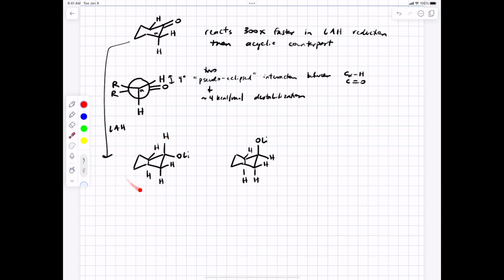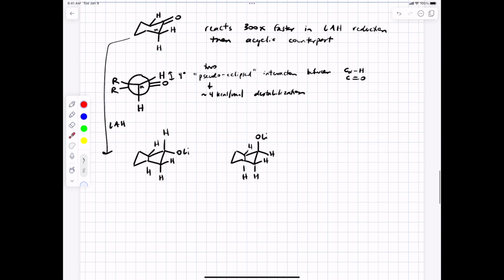In the structure on the left, do you see any steric problems we've introduced that weren't there in the starting material? Not really. You've got an equatorial oxygen. You've got gauche interactions, but certainly gauche is better than eclipsed. What about here?